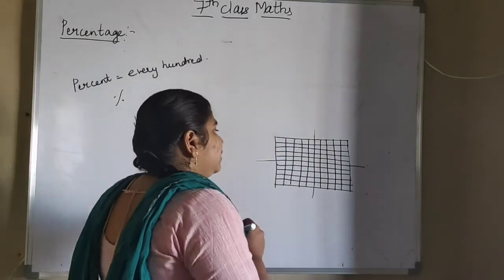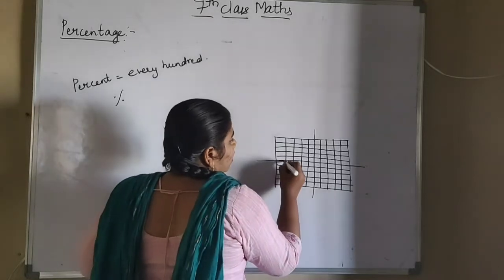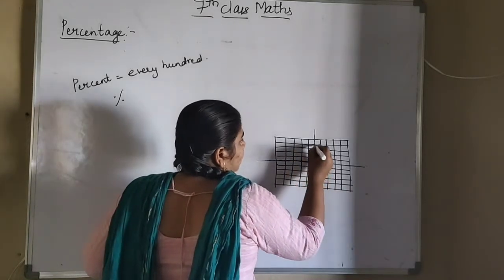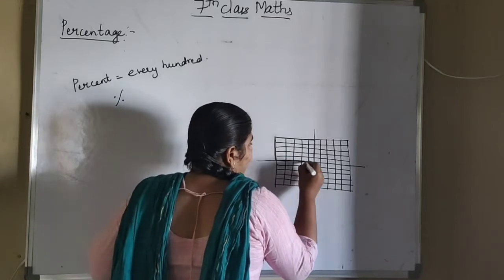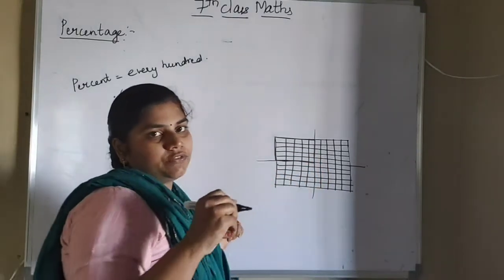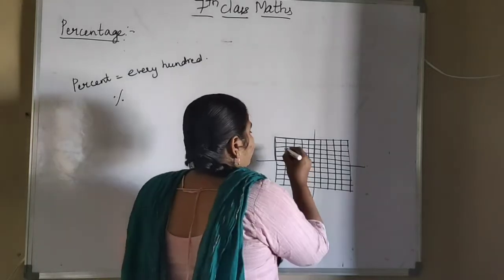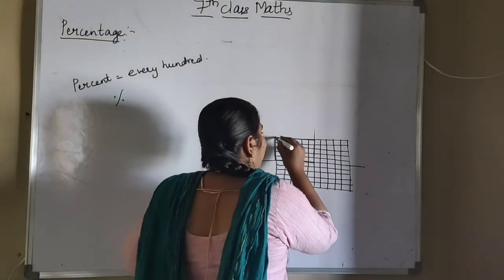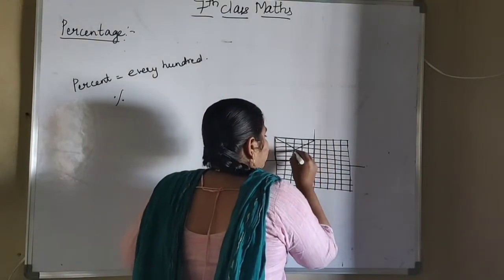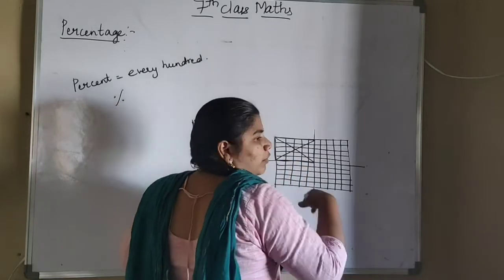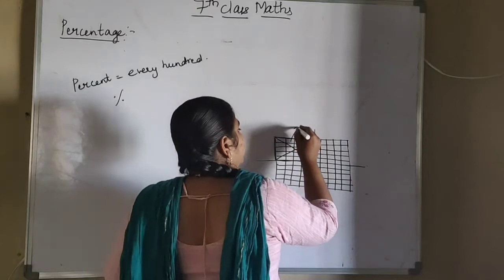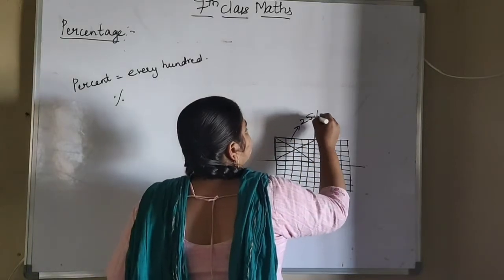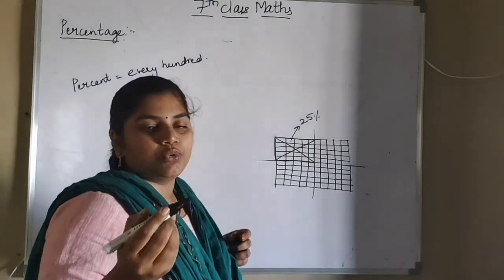From this I take 25 bars and give them to one of your friends. So how much have I taken? 25 chocolate bars I have taken and given to your friend. So how much percentage have I given? That is 25% of the chocolate bar I have given to your friend.